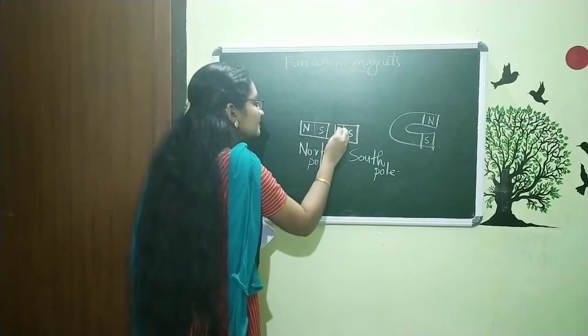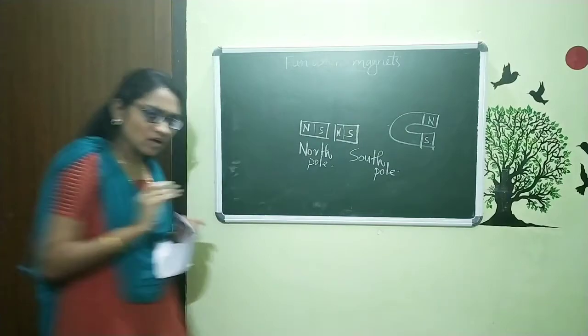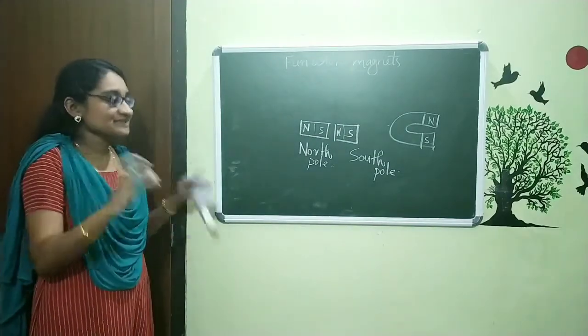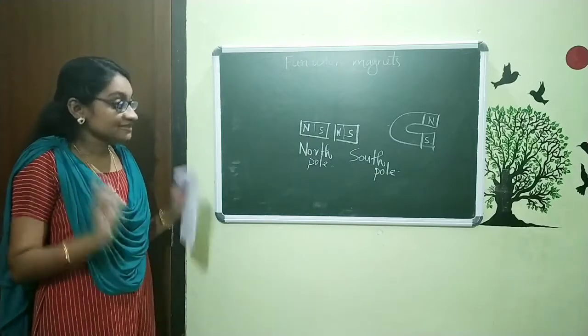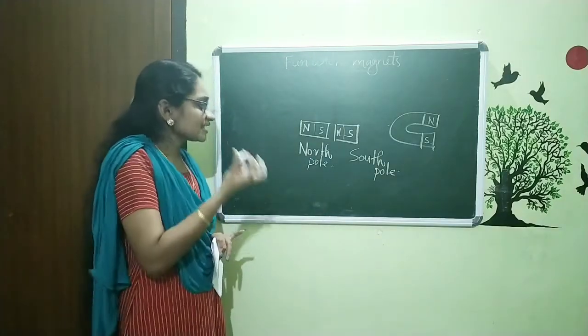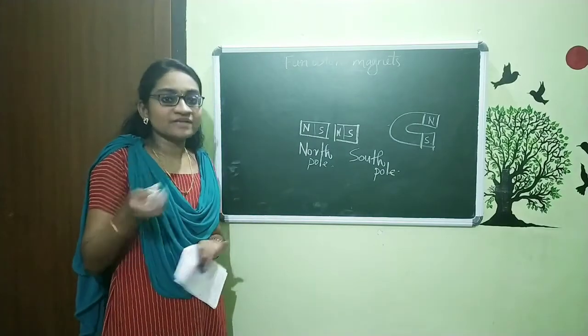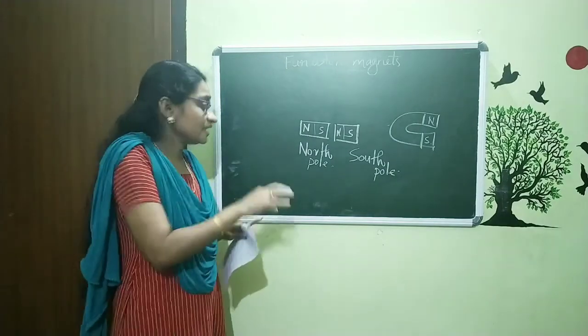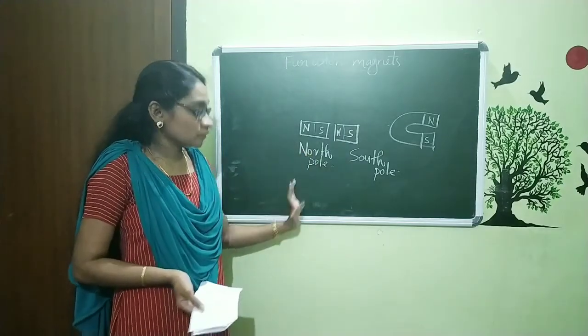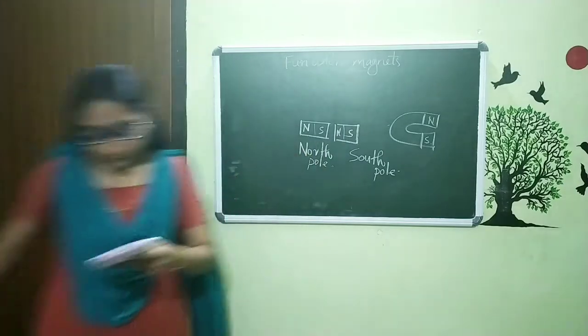The south pole comes here and the north pole comes here. Always it's like that, whatever the shape or size of the magnet. It always has a north pole and a south pole, and depending on the size, the power differs. Some magnets are very weak, some are very powerful. But always it has a north pole and a south pole.